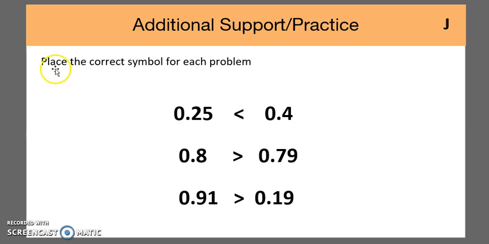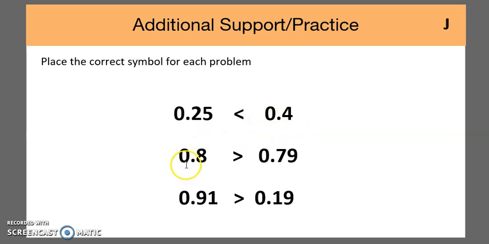Okay, so hopefully you had some time to go over these questions, and here are the answers provided. When we look at the first answer choice, we see that 0 and 25 hundredths is less than 0 and 4 tenths.